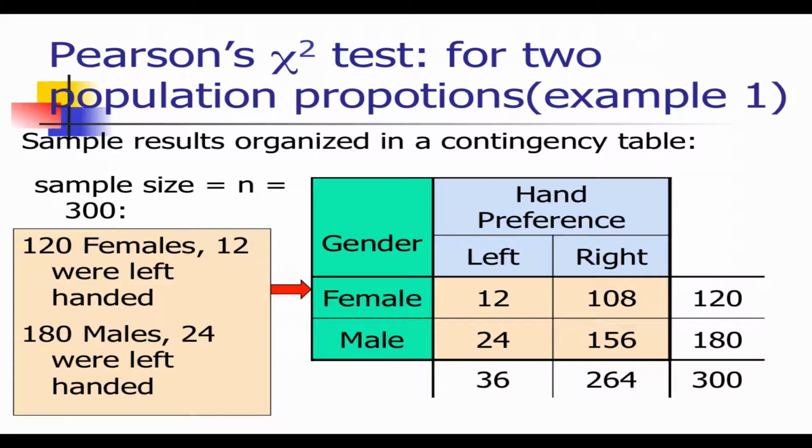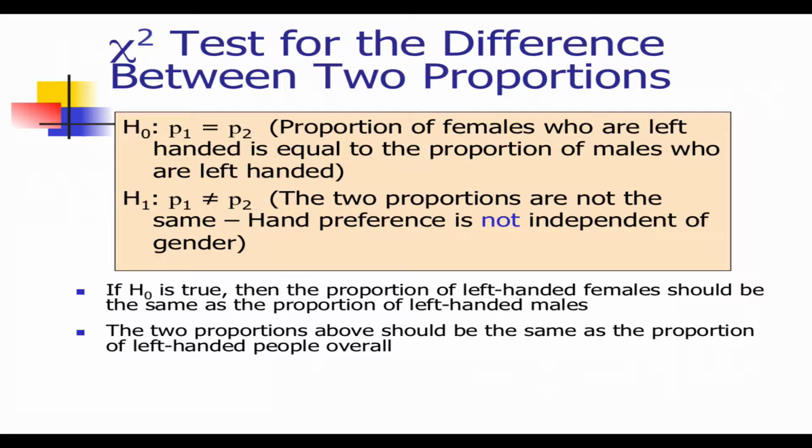If we are asking the scientific question of whether gender is independent of hand preference, in statistics you can translate that into: the proportion of females that are left-handed is the same as the proportion of males that are left-handed. So essentially you're looking at whether these two proportions are the same.